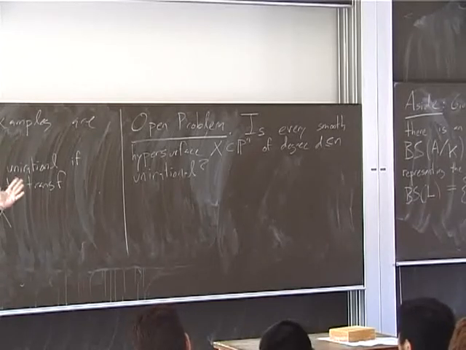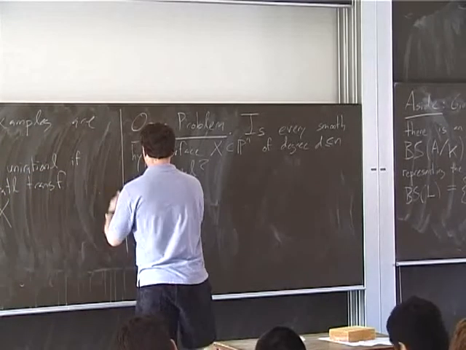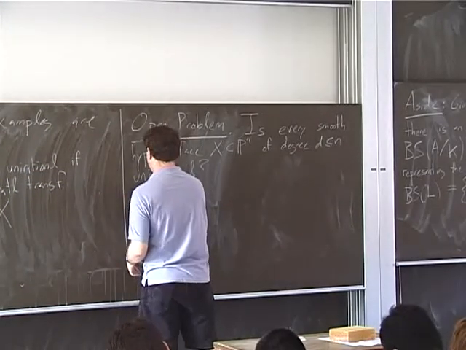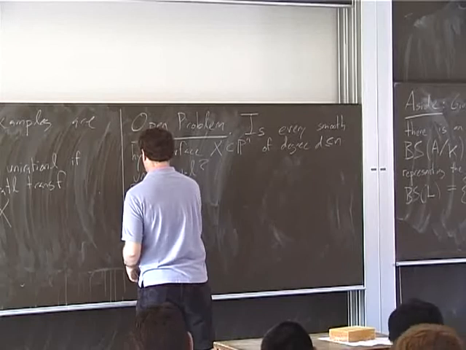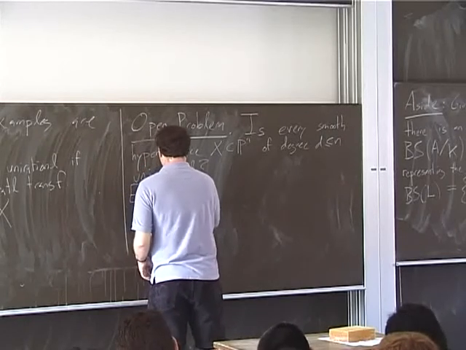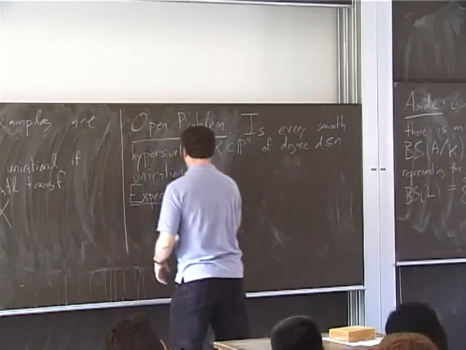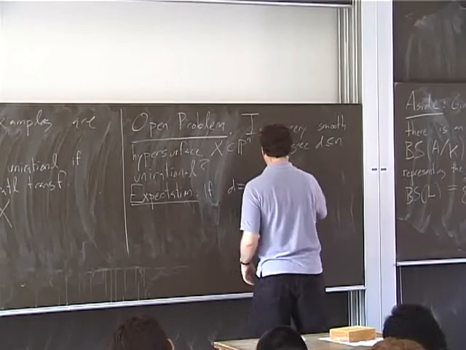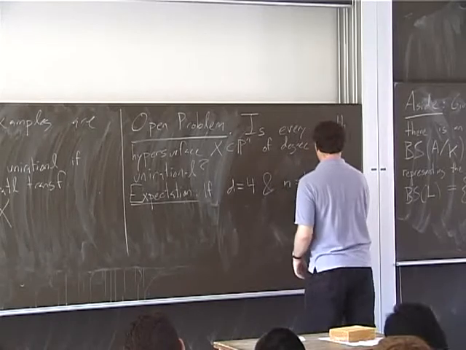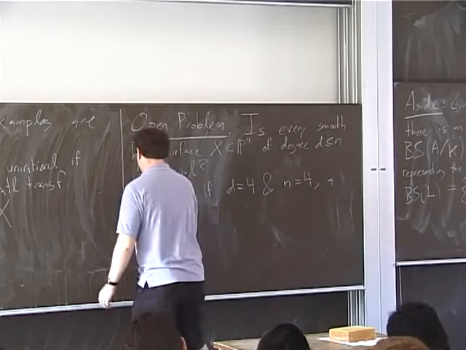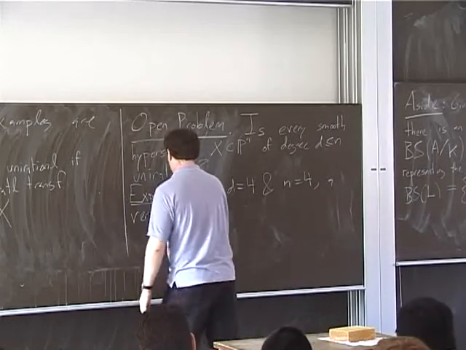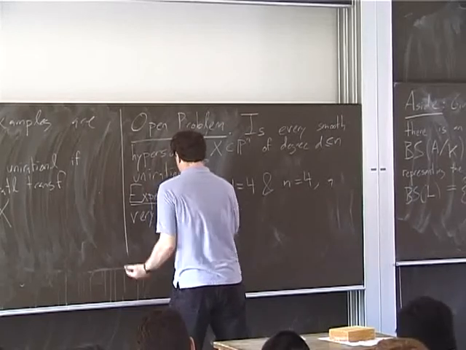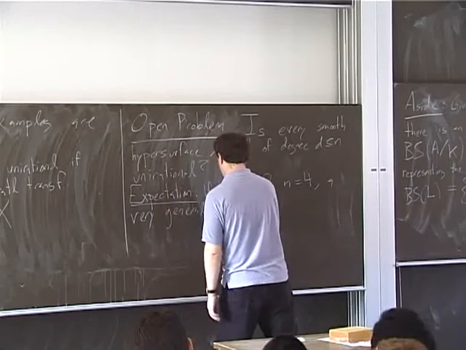I can tell you which ones are the lowest case where they're expected to not be unirational. The expectation is that if d is 4 and n is 4, a very general such hypersurface is not unirational. But we don't know how to prove that.